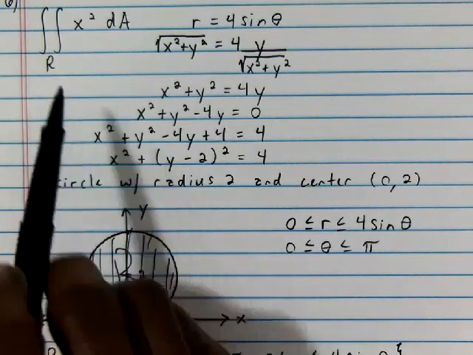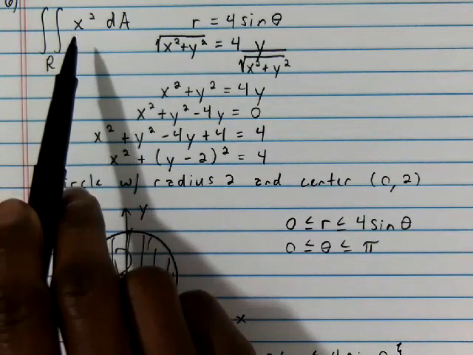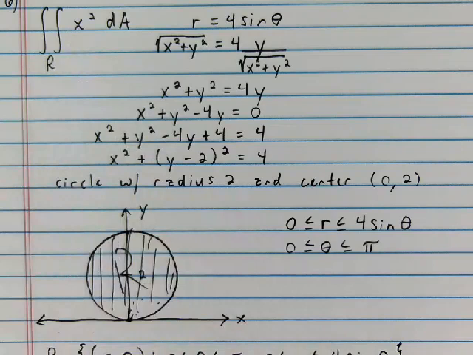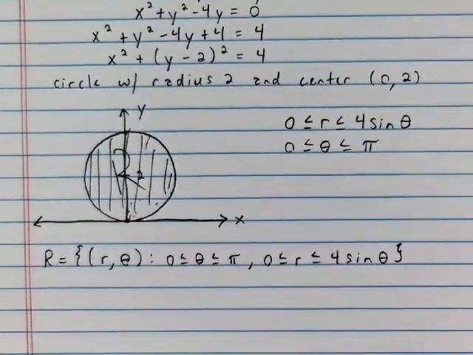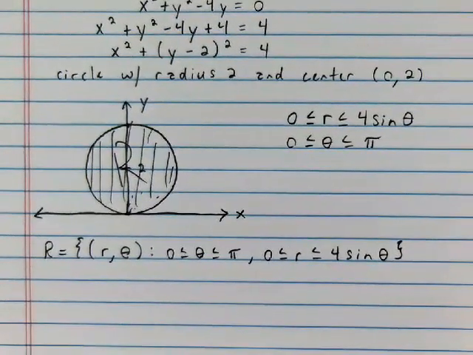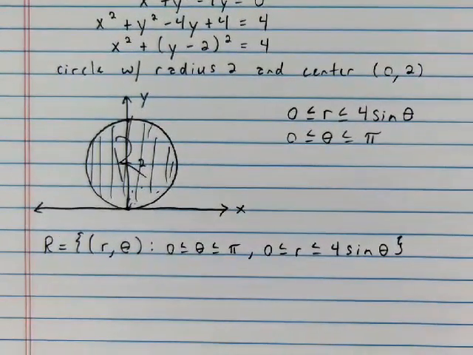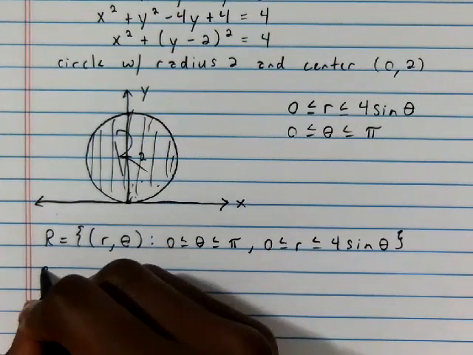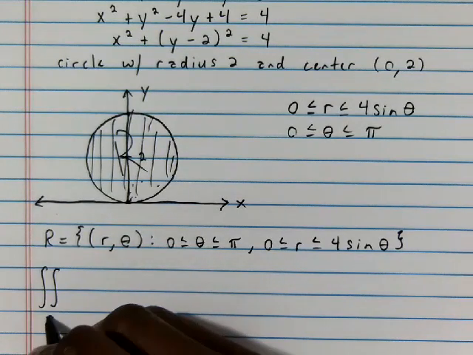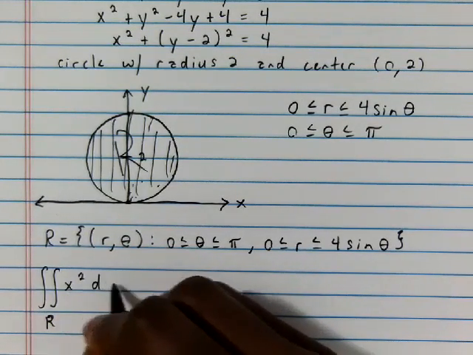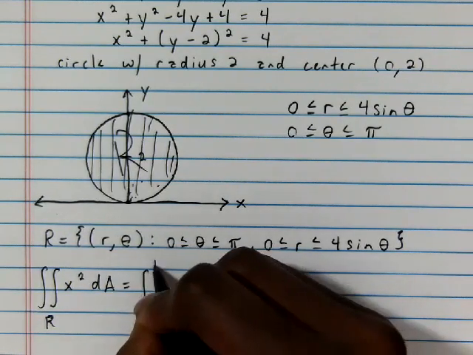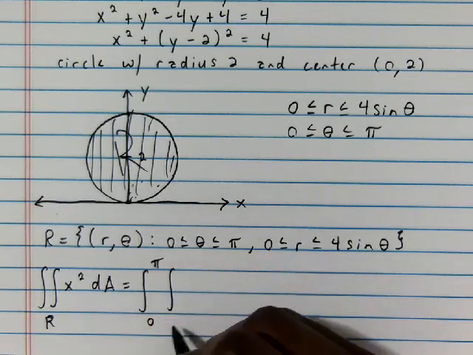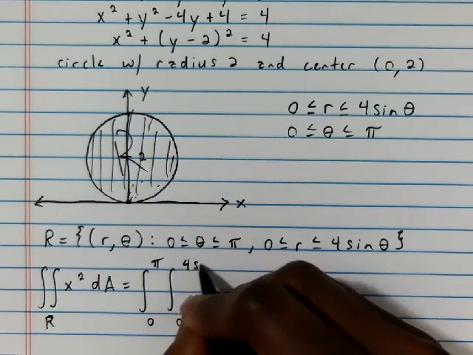We need to make an iterated integral, and make sure we don't forget to change our integrand, and we don't forget to add that r to our integrand that is present when you're integrating in polar coordinates. All right, so now we had that the double integral over R of x squared dA is equal to the iterated integral 0 to pi and then 0 to 4 sine theta.